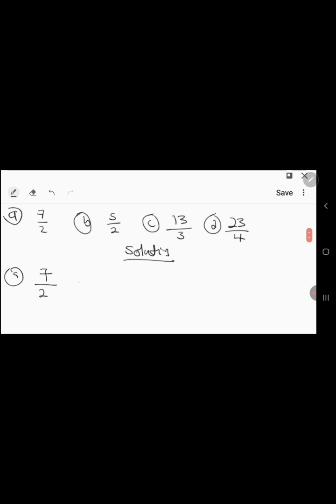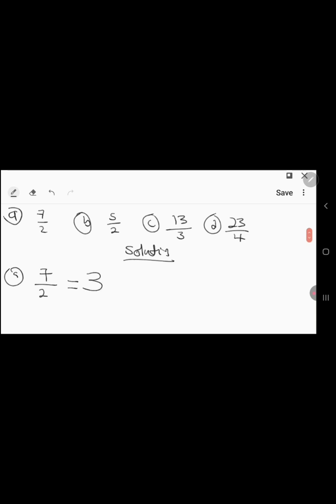So what I mean here is, how many 2's do I have in 7? 1, 2, 3, I have 3, because 2 times 3 is 6. Then 2 can go into 7 3 times, and that is your whole number.